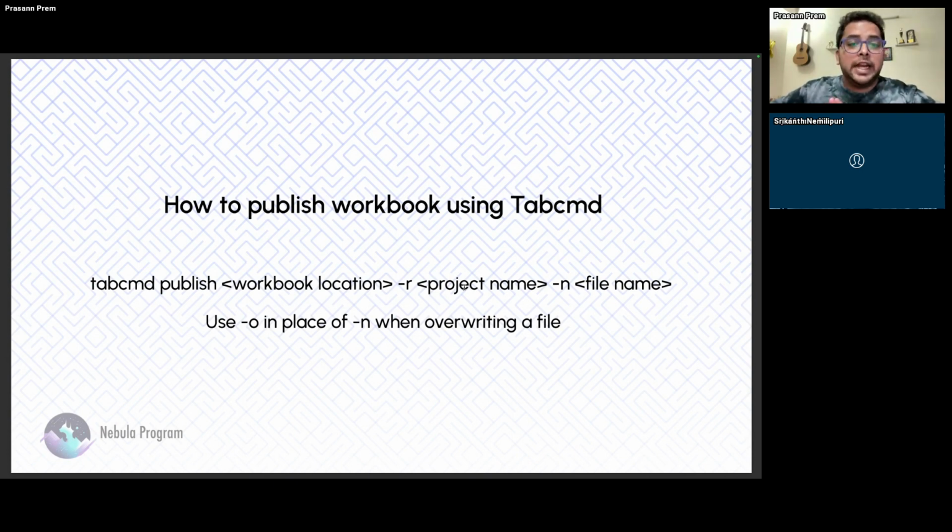If we have already created a particular project, then we can specify that name, and then we put in the file name followed by slash n. And if we have already published once, and that is essentially what happens, right, we will have to add dash o at the end of this. Not this one, we don't have to do this, we have to add dash o at the end if we want to overwrite the workbook.